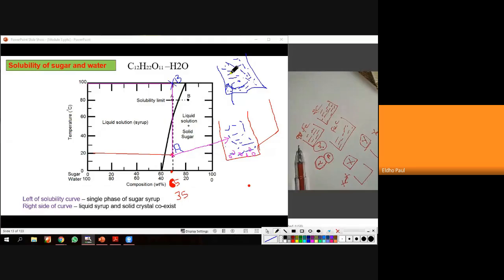How does this change happen? By the change of temperature. So by changing the temperature from 20 to 100, the material changes from one equilibrium state to another equilibrium state.